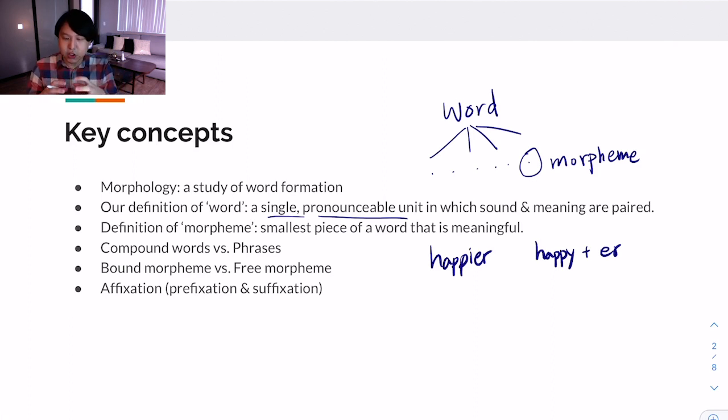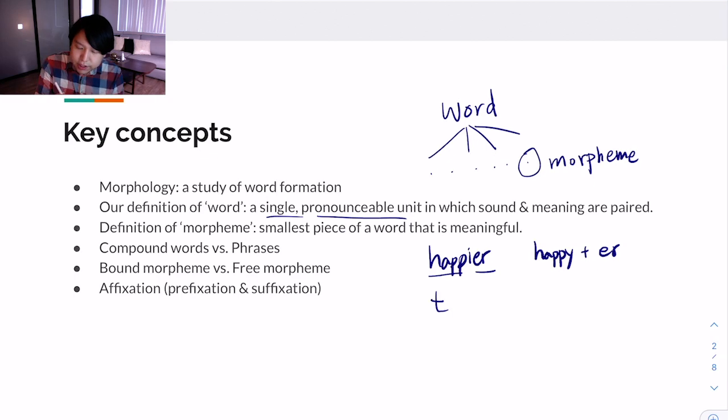It's a combination of the adjective happy and a suffix that means more. So it's a comparative, meaning that something is more happy. Happier consists of two morphemes, happy and er.